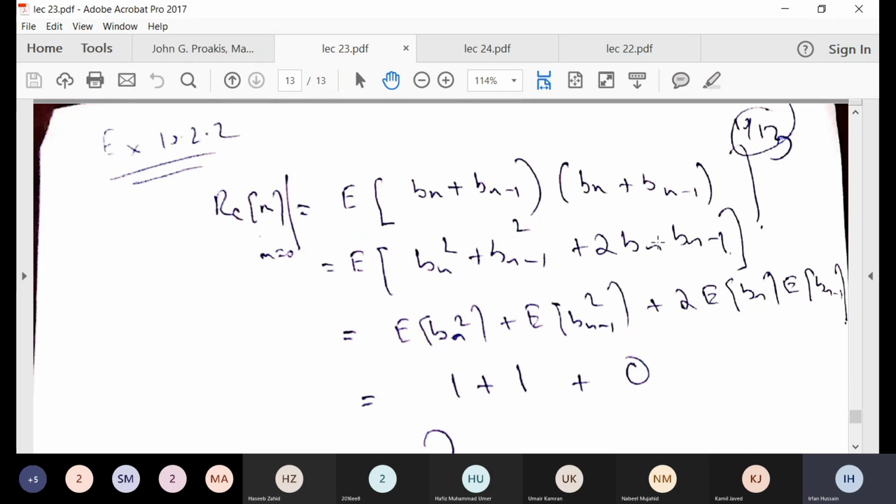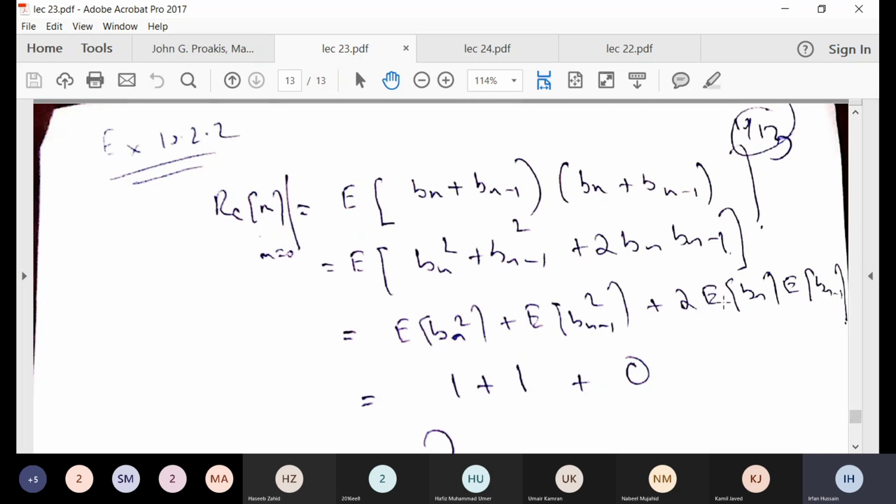Alright, but here you can see this will be expectation of these two, Bn and Bn minus 1. But we have just seen that Bn symbols, they are uncorrelated. All right, so once they are uncorrelated, I can write the joint expectation of it, E of Bn Bn minus 1. So joint can be written as separated of EBn into separated of EBn minus 1.